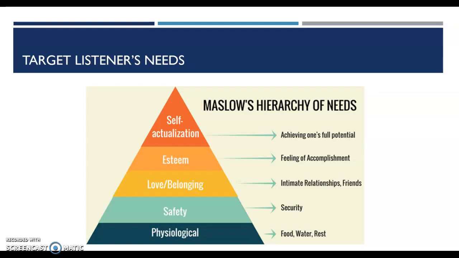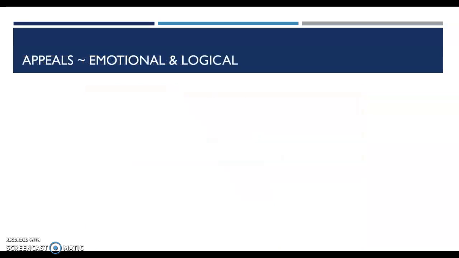Okay? So you have to be aware of what you're trying to accomplish, who you're talking to, and who you're trying to reach. So within persuasive speaking, we have what are called appeals. You appeal to your audience emotionally and logically.